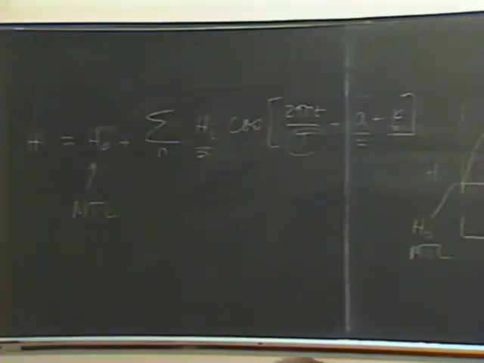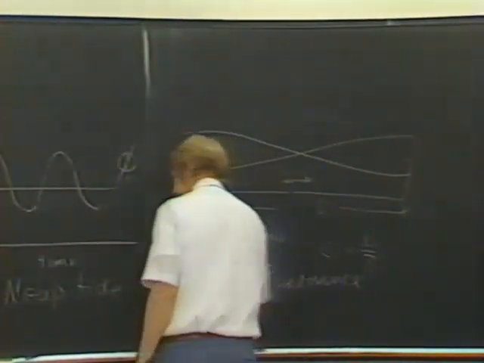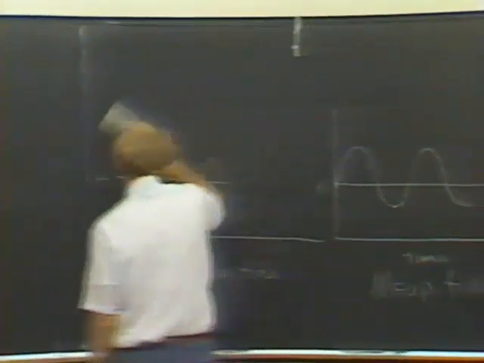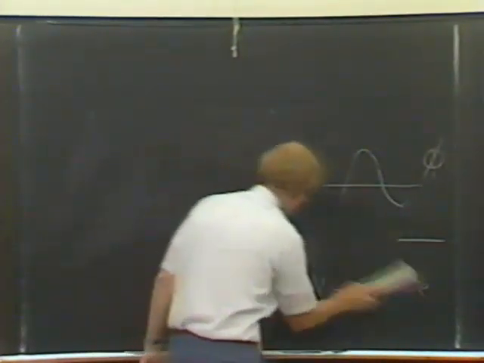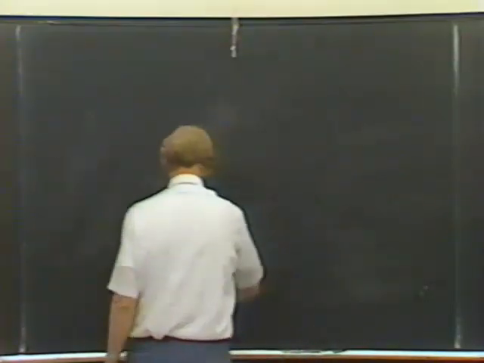Then they developed a machine, which was a series of pulleys that added these cosine terms, and what they had was a drum.